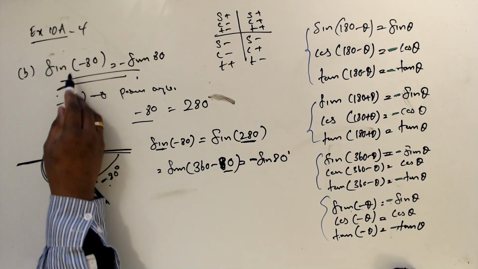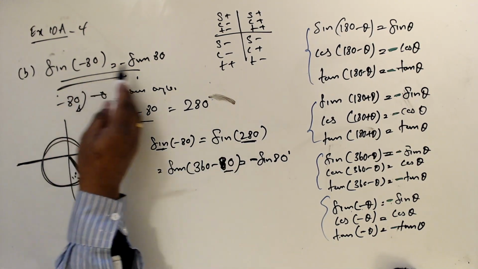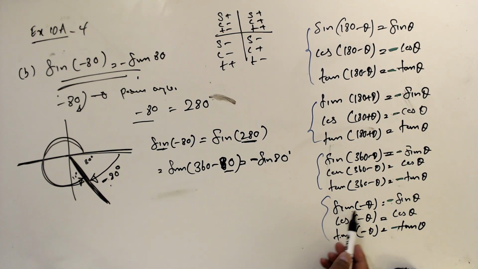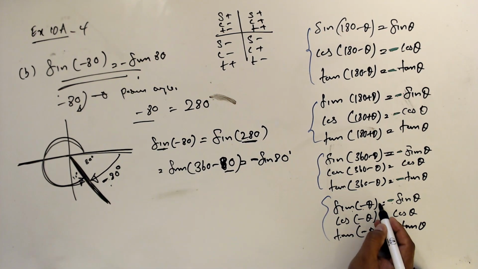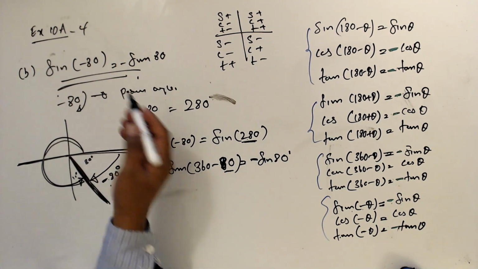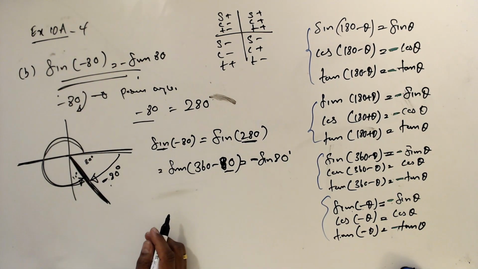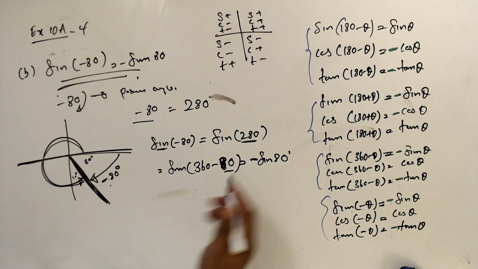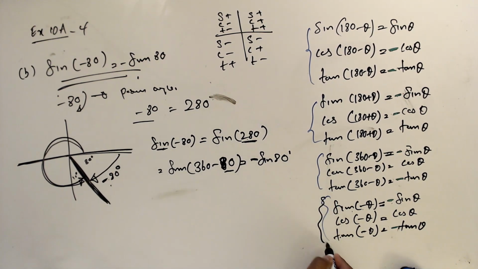So if you can remember this one, you can write straight from here. Sine minus theta equals minus sine theta. Sine minus 80 equals minus sine 80. Make sure that you remember these three things. You can develop this one.